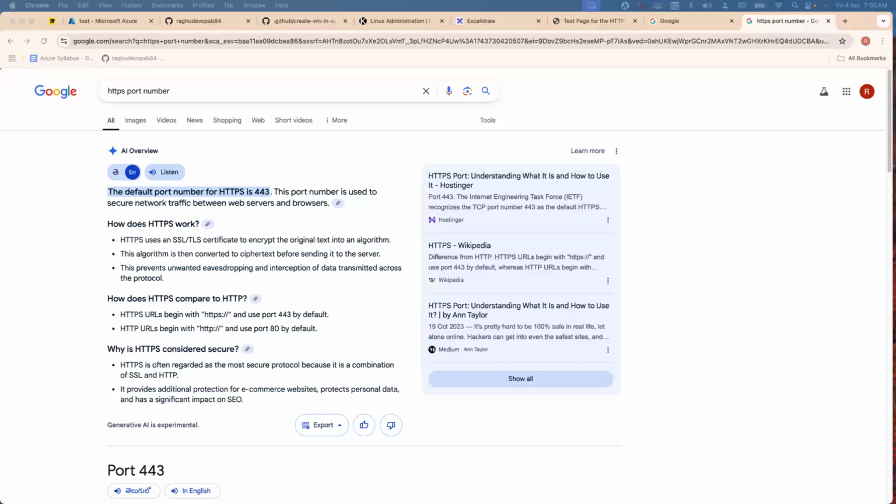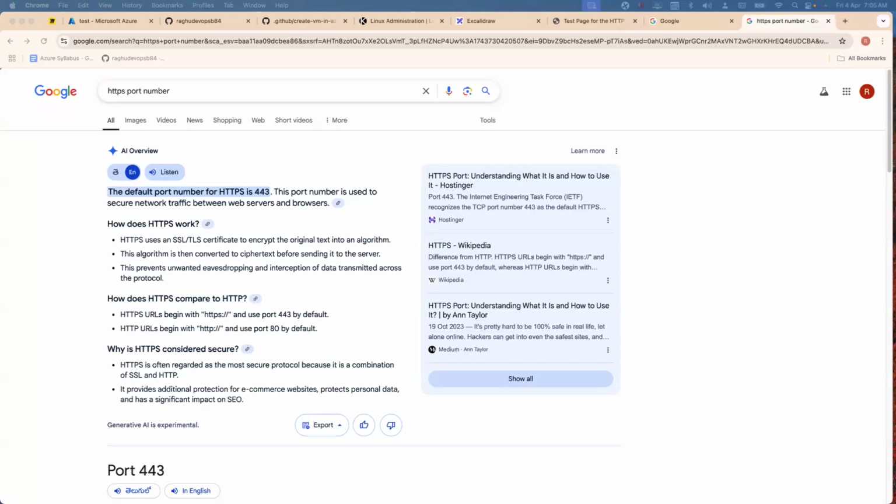I already installed Nginx and it is listening on port 80. When I try to curl my IP, it does nothing, and if I try to ping my public IP address, it does nothing.